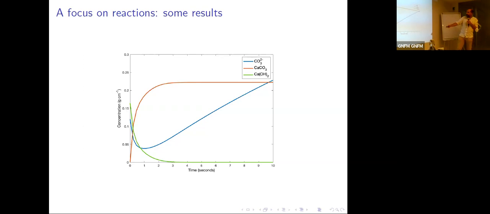And at the same time, calcium carbonate increases and reaches its maximum. Then it starts decreasing, but we cannot see the decrease here because of the zoom. Concerning carbonate, it decreases because it is consumed by carbonation, and then it starts increasing.